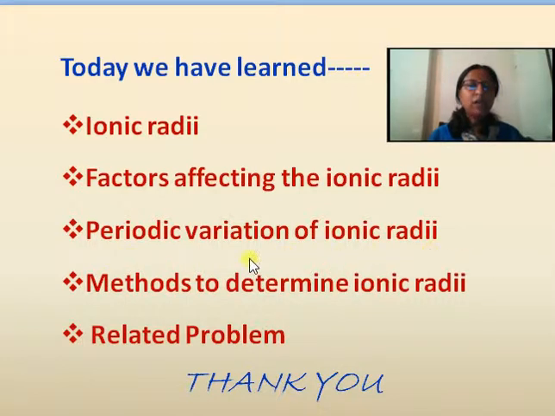We also learned two methods, Goldschmidt and Pauling, to determine ionic radii values, and I discussed a problem related to the determination of ionic radii. So I think you will be able to answer questions related to these topics.